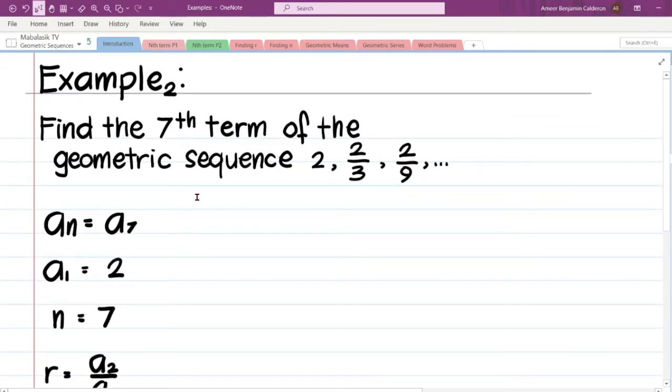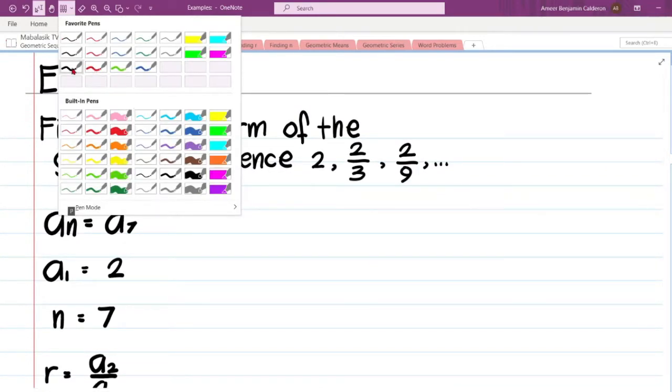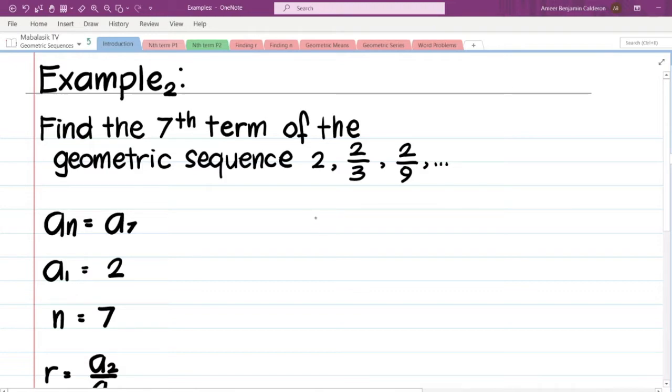Let us proceed to solving for a sub 7. Using our formula, a sub n equals a sub 1 times r raised to the n minus 1. So this will now be a sub 7 equal to, a sub 1 is 2, r is 1/3.